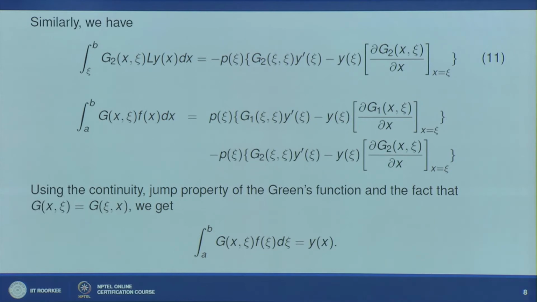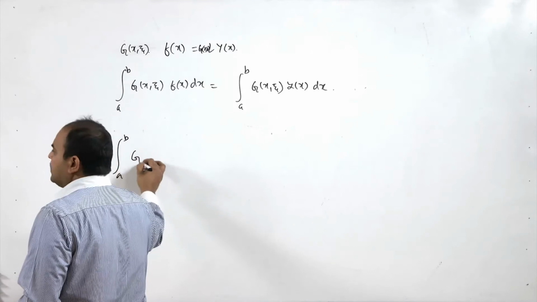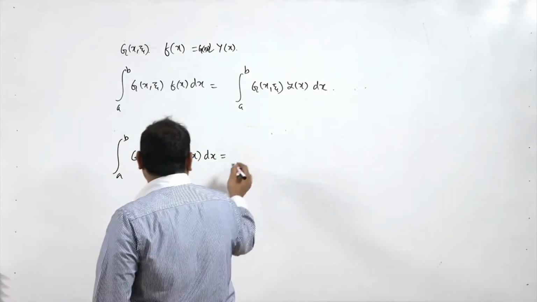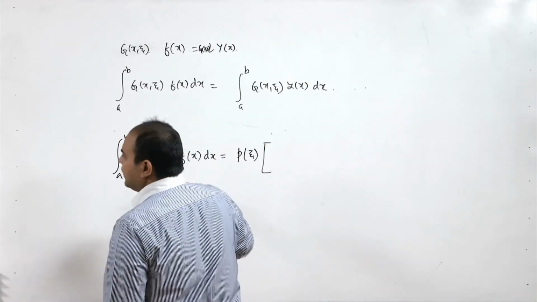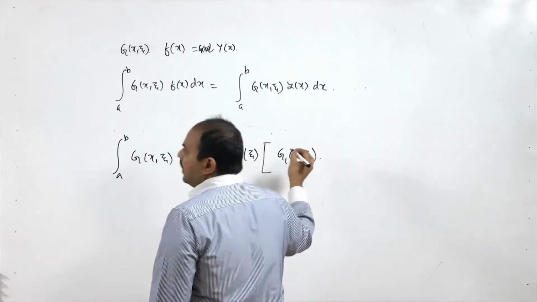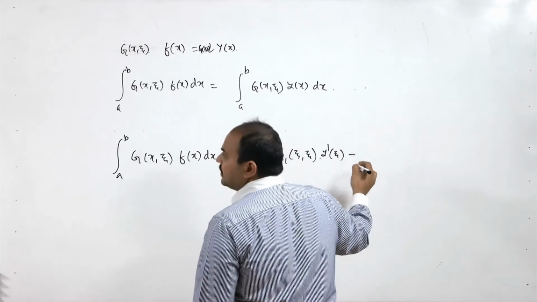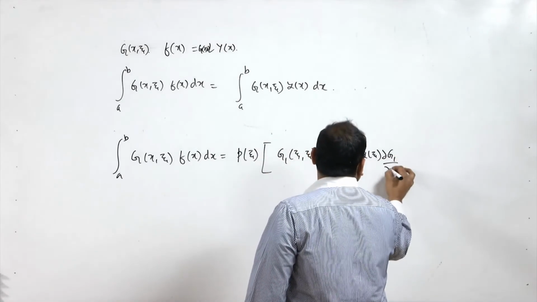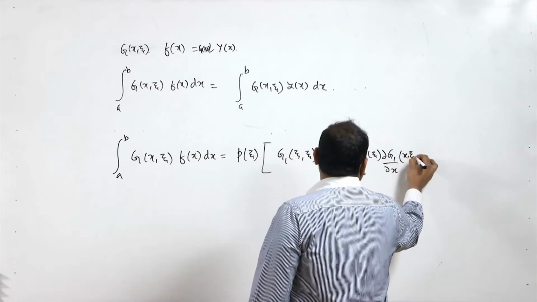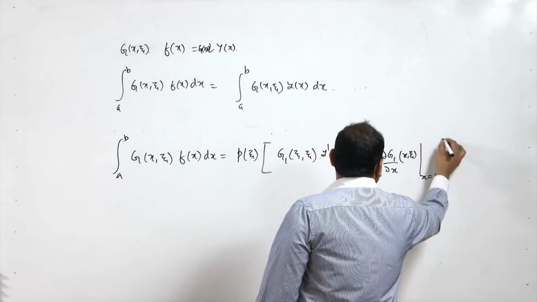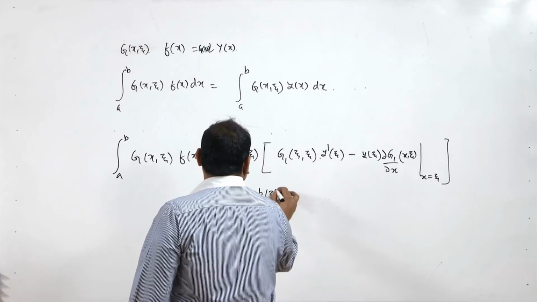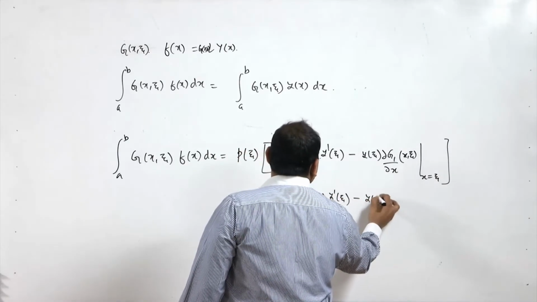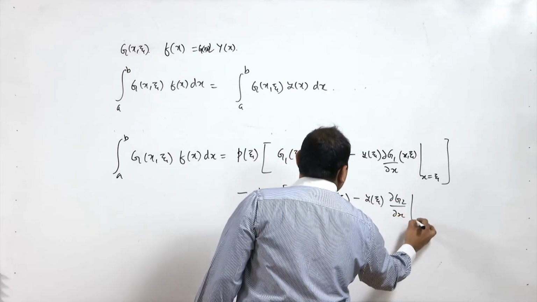So what you will get here, let me write it: the integral from a to b of g x xi f of x dx equals p of xi times the bracket g1 xi xi y dash xi minus y xi dever g1 by dever x evaluated at x equal to xi, minus p of xi times the bracket g2 xi xi y dash xi minus y xi dever g2 by dever x evaluated at x equal to xi.